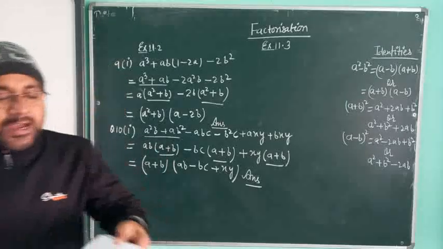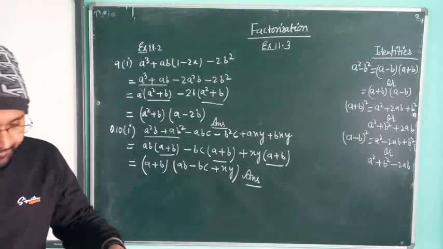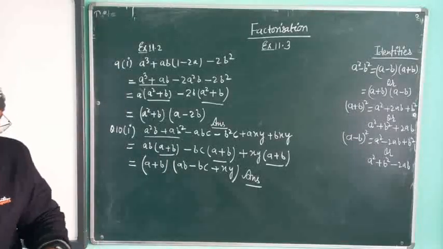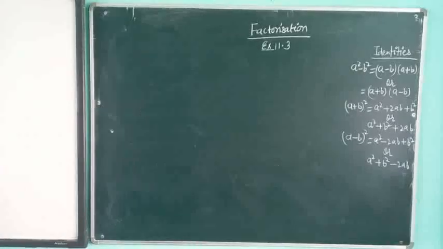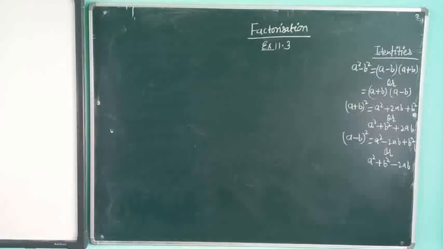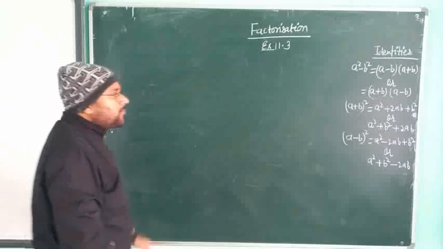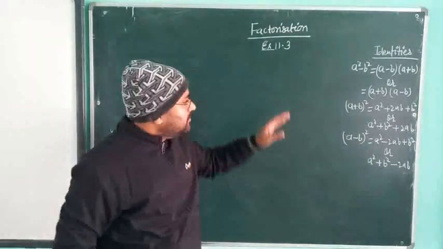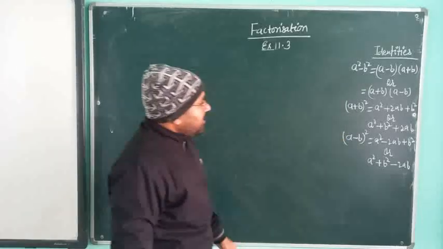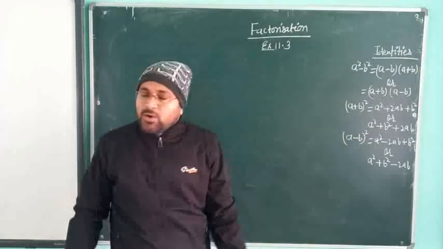Now I am going to start 11.3. Listen students, in 11.3 all the questions are based on these identities: a plus b whole square, a minus b whole square.